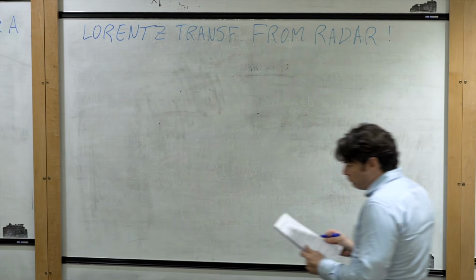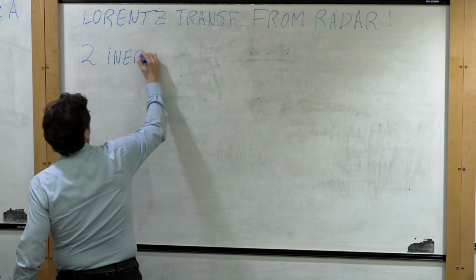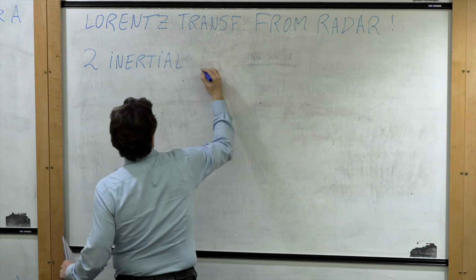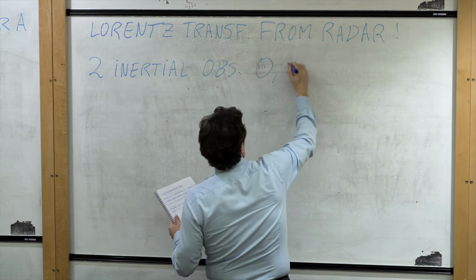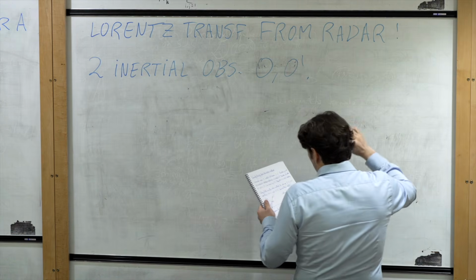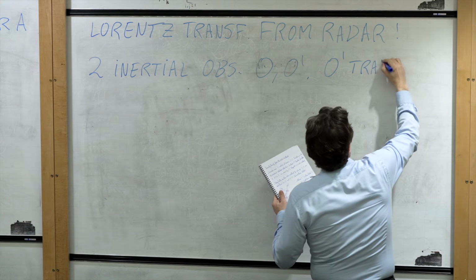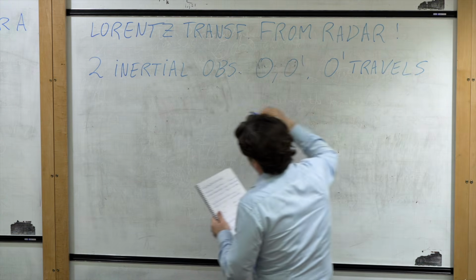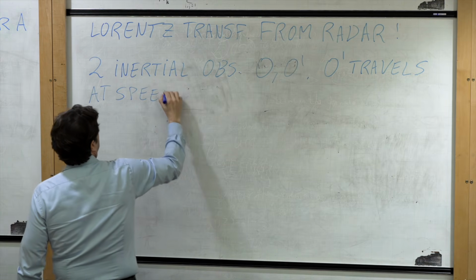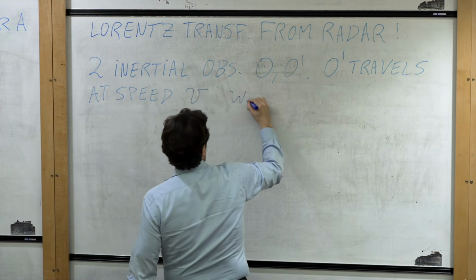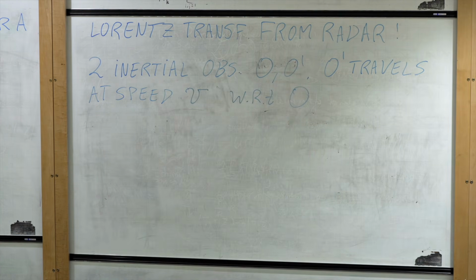So now we will consider two inertial observers, and let's call them O and O prime. And as always, O prime travels at speed v with respect to O.